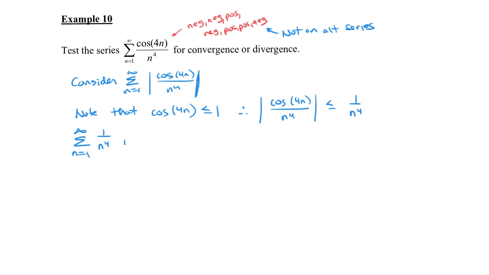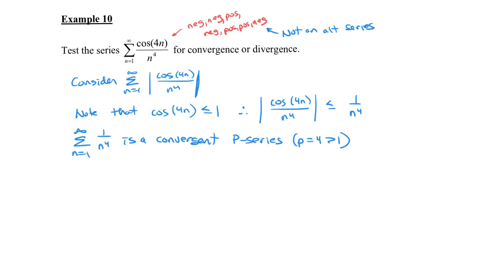Now we know this is a convergent p-series, because p equals 4, which is greater than 1. And it's greater than or equal to this. So this thing adds up to a number. We don't know what it is, but we know it converges, so it adds up to a number, and it's bigger than this one. So that means this one also has to converge, right?